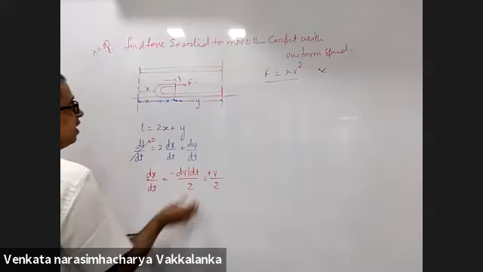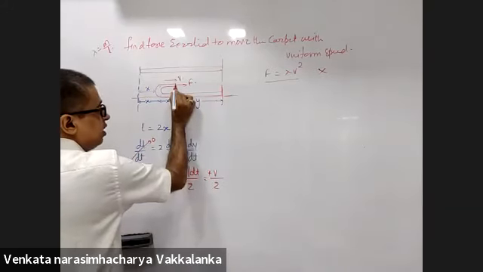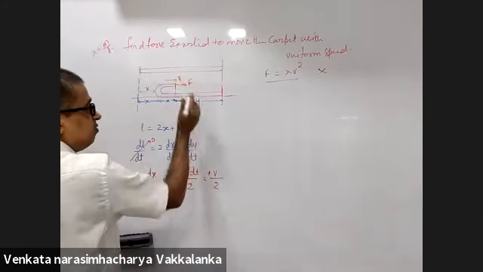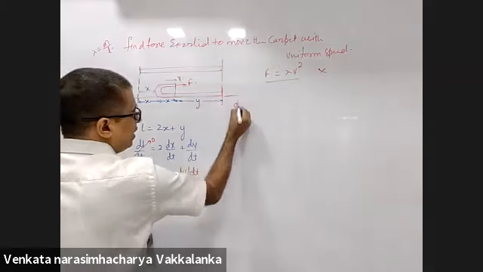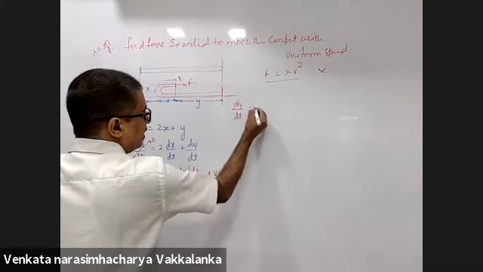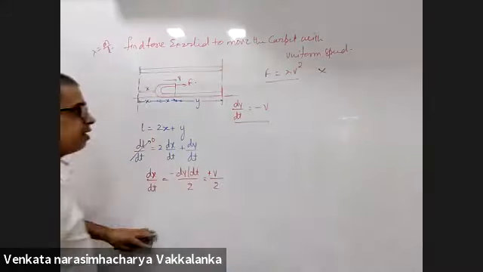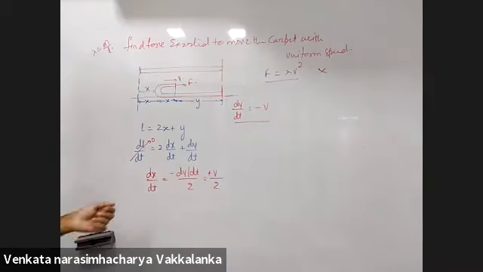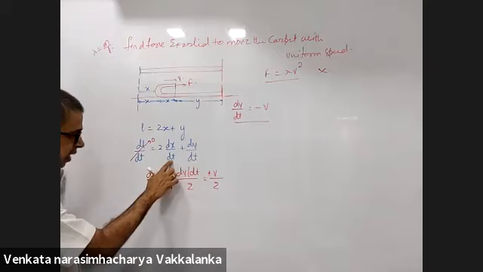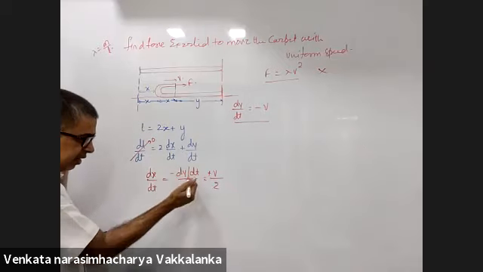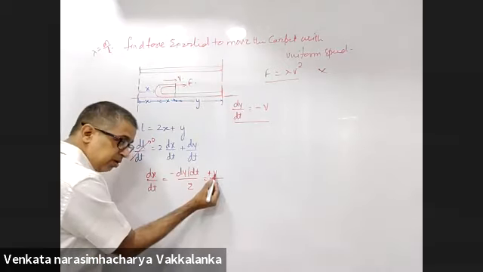Now, this end is fixed. So this end is approaching with a velocity v. That means dy by dt will be minus v, because y is decreasing. Now here dx by dt is minus dy by dt by 2, and dy by dt is minus v.